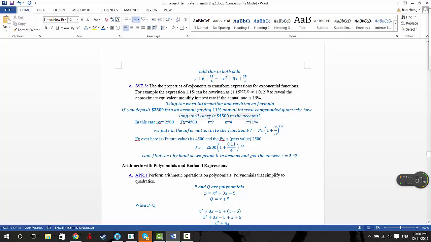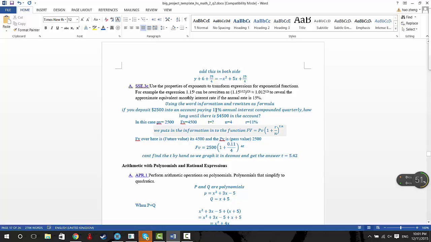And T is time. We don't know how long the time is, right? And N is how many times we must do it. Quarterly means 4, so we just write 4 over there. And the R is the rate, so the rate of change is 11, and put it here.